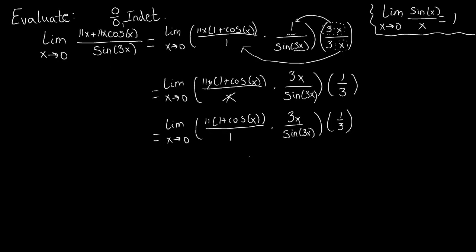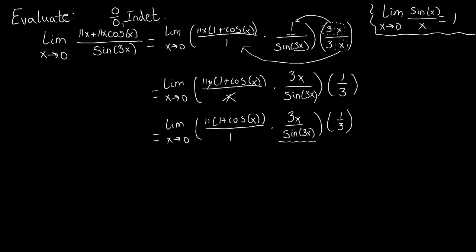We know that the limit of this second factor here, this 3x over sine of 3x, exists because, again, the limit of the reciprocal is the reciprocal of the limit. The argument of sine matches with what's on the opposite half of the fraction, so we can use that. This evaluates to be 1. And we see that for this first factor here, we don't necessarily have a special trig limit that we can use, so let's try passing to the limit here.